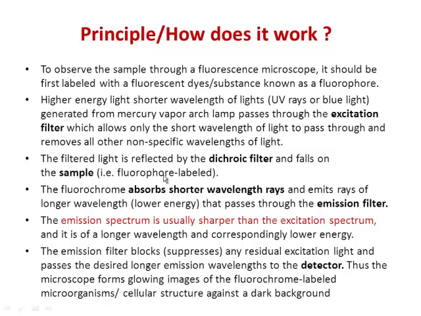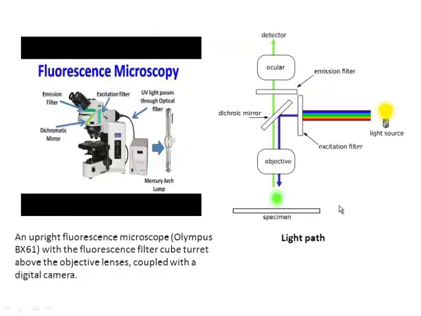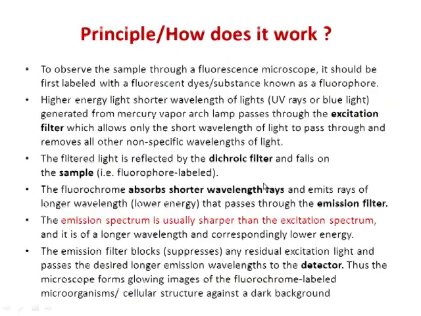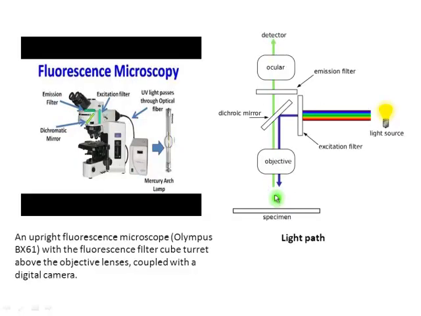Now what happens is that the fluorophore absorbs the shorter wavelength of light and emits rays of light which have the longer wavelength. That means they are lower in energy. Okay, and these wavelengths pass through the emission filter over here, after striking the sample.